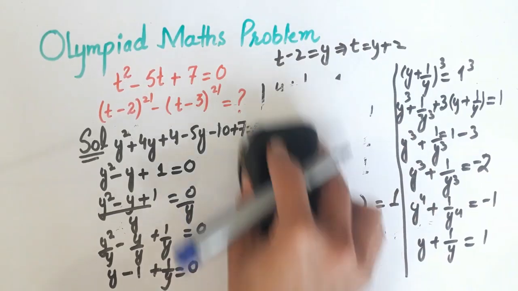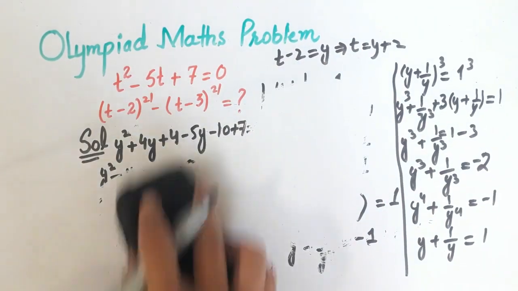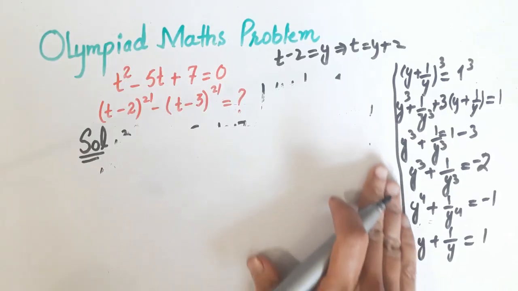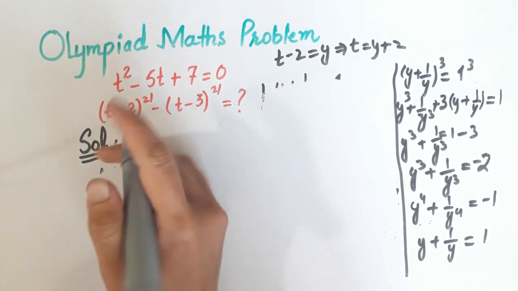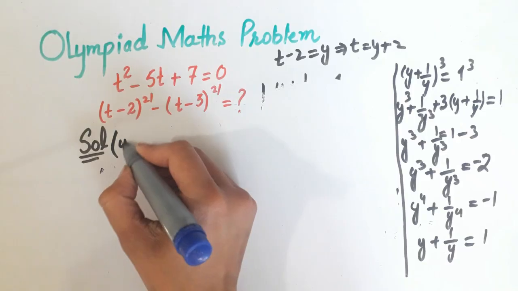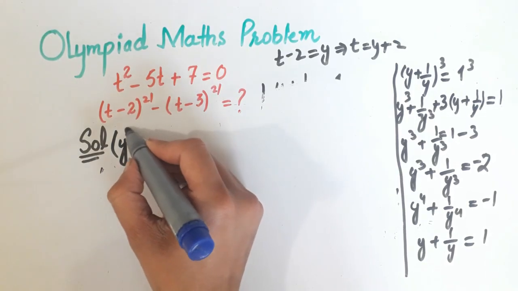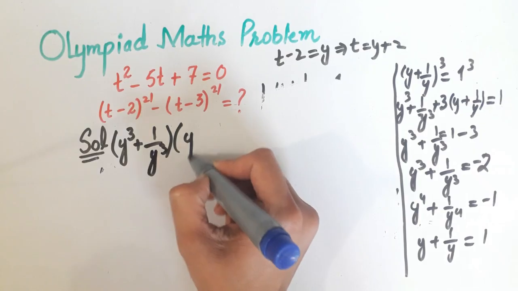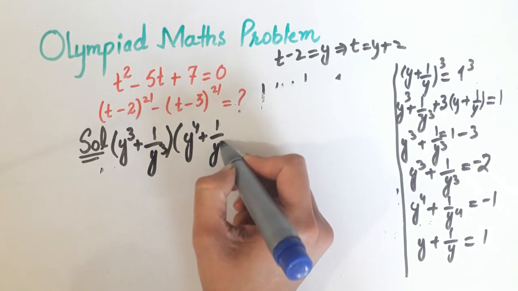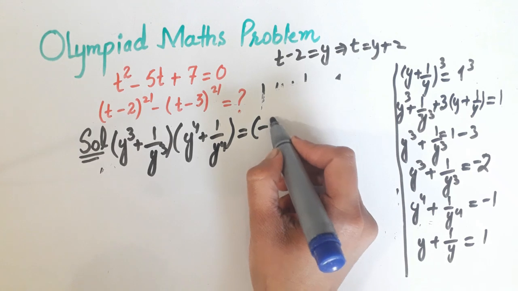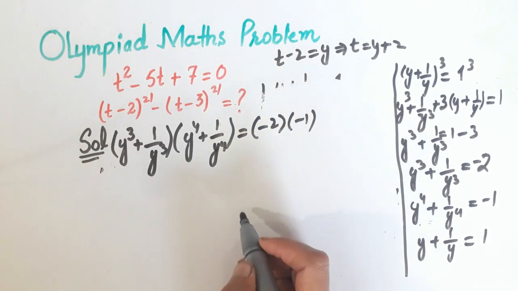So by utilizing all these results, we will get (y cube plus 1 by y cube) into (y4 plus 1 by y4) equals minus 2 into minus 1.